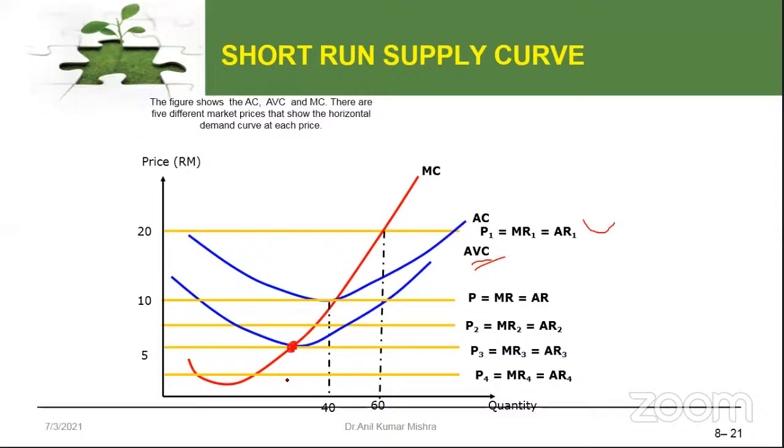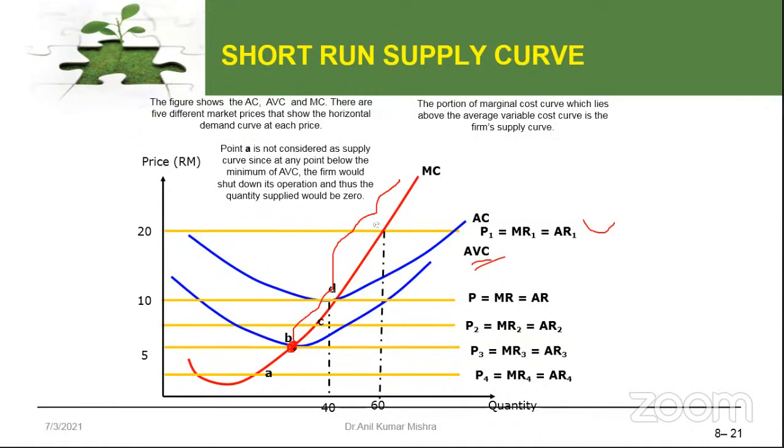If the price falls below, the producer can't produce. This yellow line is called the price line, that is, the average revenue line. When the price line is above the average variable cost, the firm will produce its product. So the segment of your marginal cost which lies over and above the minimum point of your average variable cost represents the supply curve of a firm.